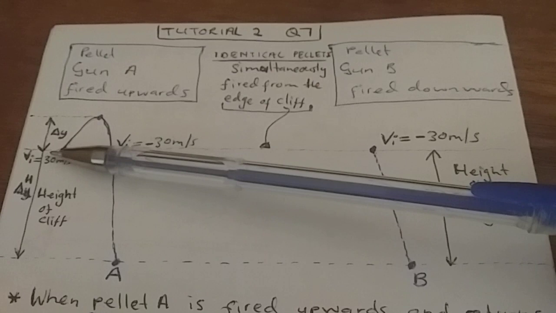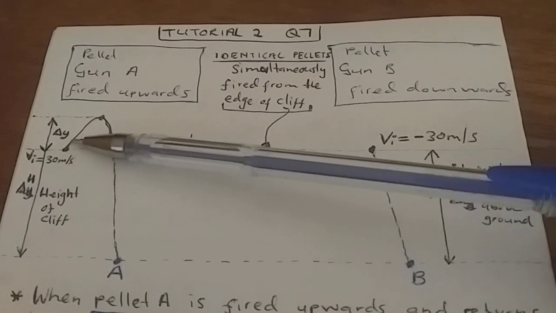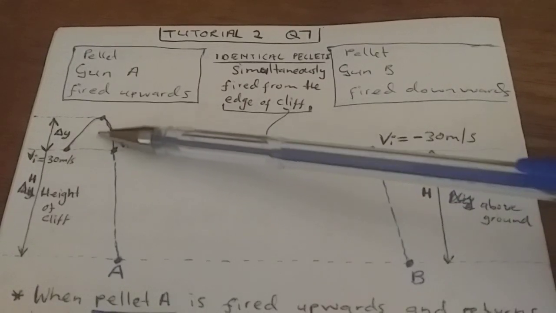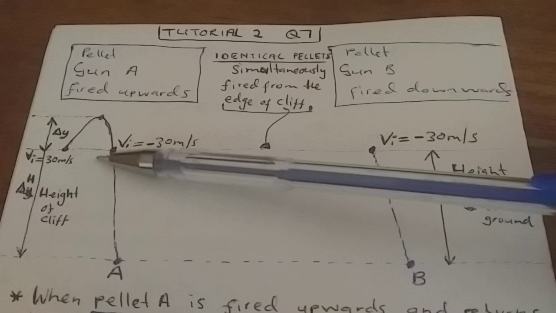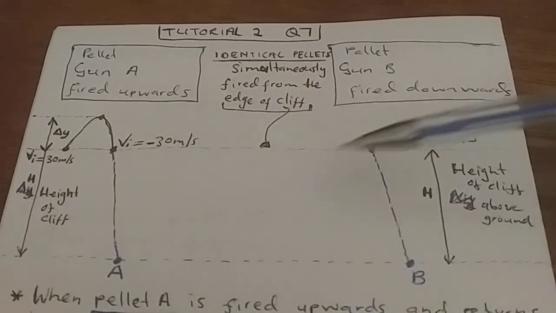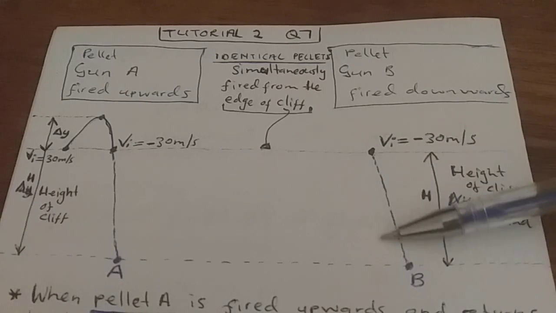Once we get the time taken for this trajectory from initial up to this final, that is our delay in time, because everything downwards is the same. That is the approach of solving this problem.